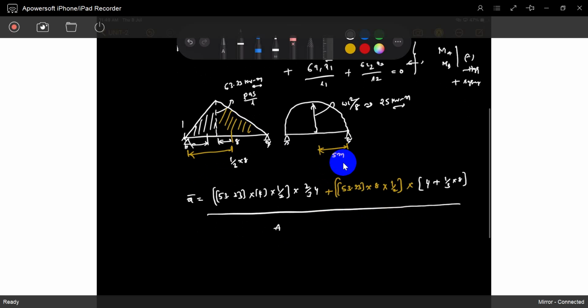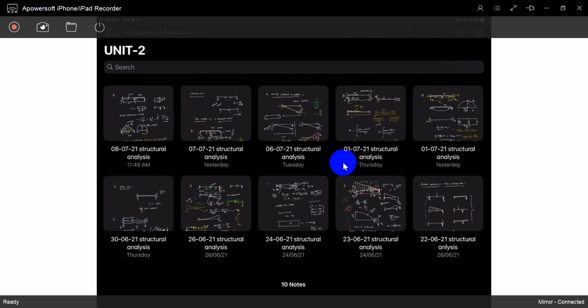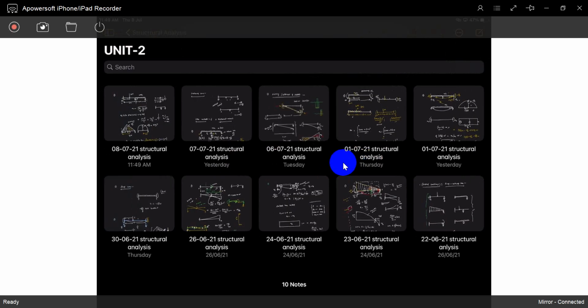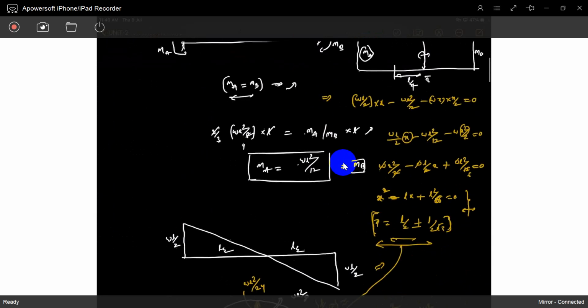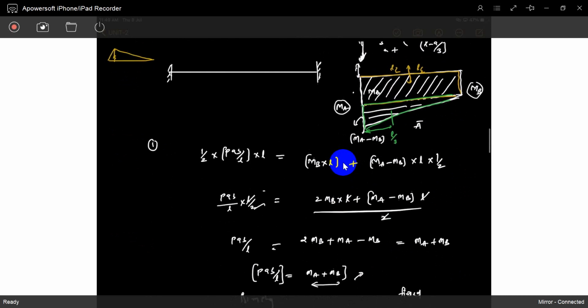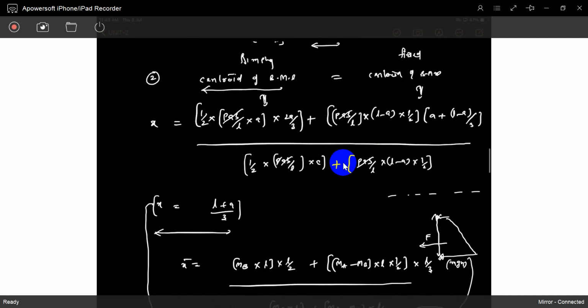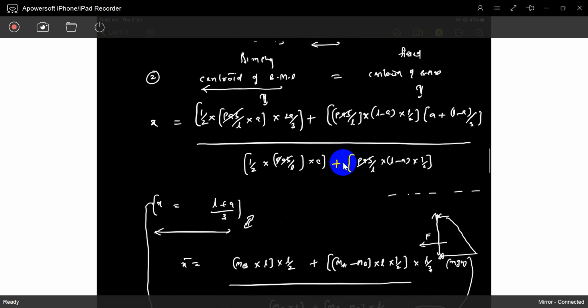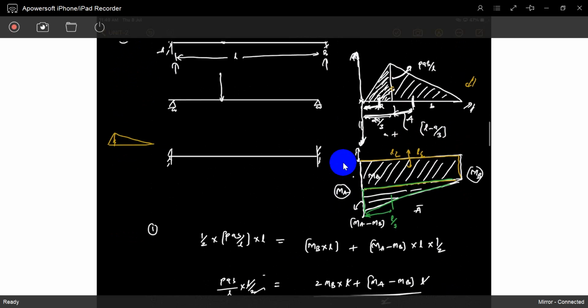Otherwise, we already solved one problem regarding this. Where did we solve it? I think in fixed beams. We solved it. Are you understood?